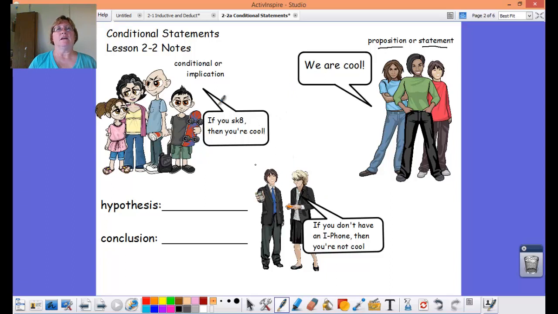These two groups are issuing conditionals. A conditional or an implication is an if-then statement, and this group says if you skate, then you're cool. In other words, in order to be cool, you got to be skating, right? This group, well, you can see what they're saying. It's still a conditional, has an if and a then, but it's all termed in the negative.